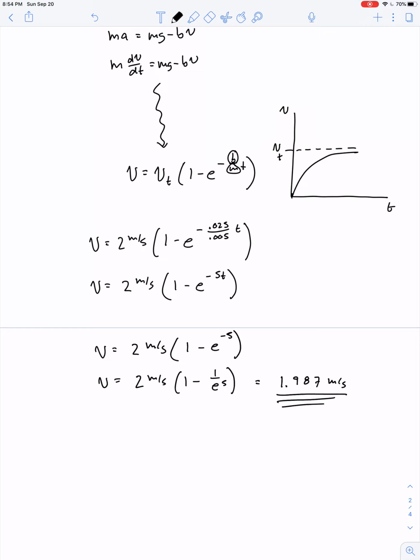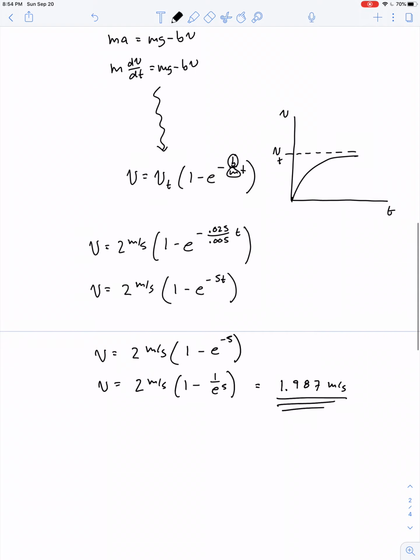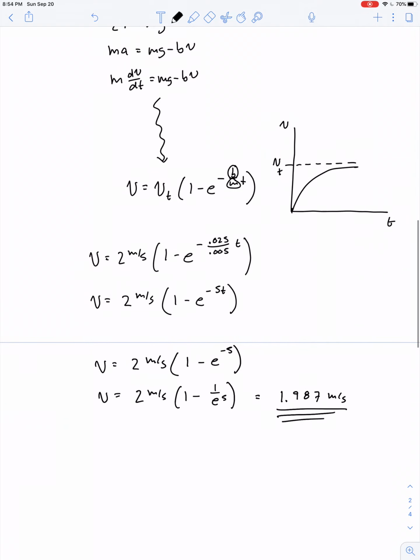Wow. Okay, so it's almost reached its terminal velocity in a time of 1 second, right? If we look at this graph, this asymptote right here is our 2 meter per second line, and so after 1 second, it's almost reached the terminal velocity.